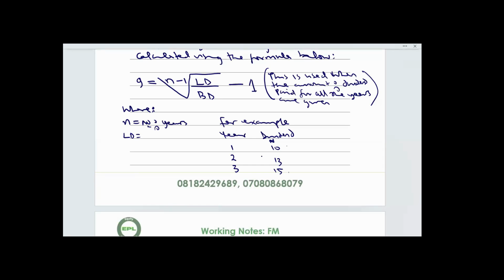LD, latest or current dividend. Then BD, dividend paid in the first year, or you can call it base year dividend.